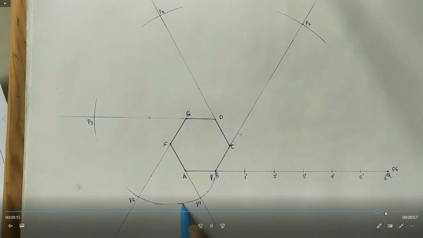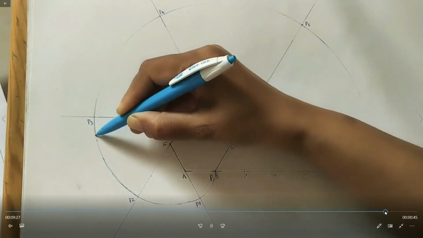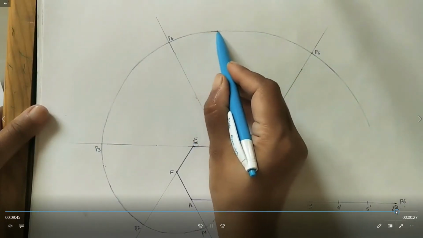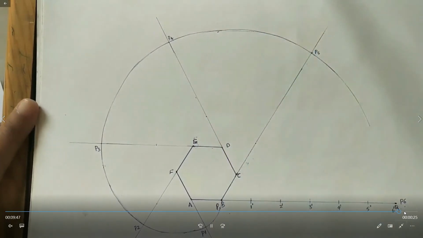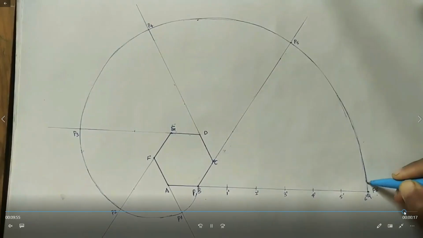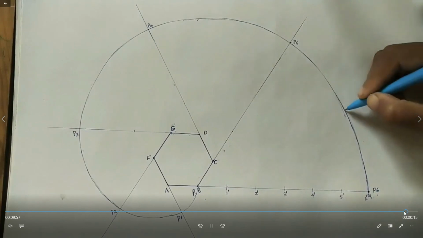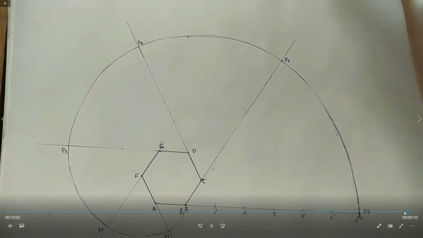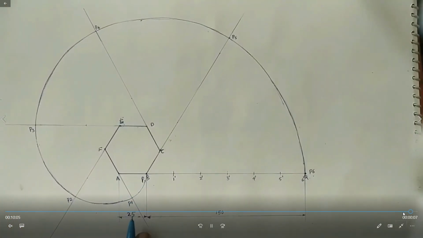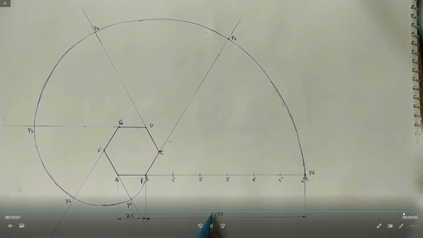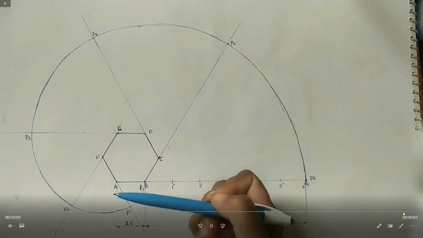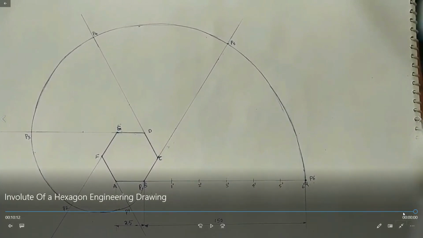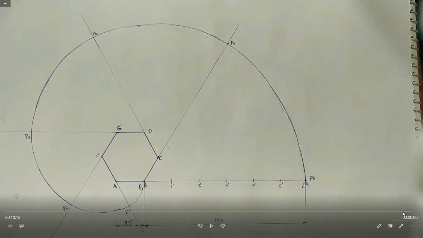That is a smooth curve, freehand. We join the points in this way. Okay, this is the involute of a hexagon. You observe here. In this way, we measure the dimensions. Involutes of all shapes: circle, triangle, pentagon, hexagon. Okay, I think all are easily understood.